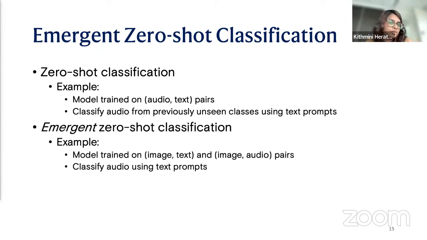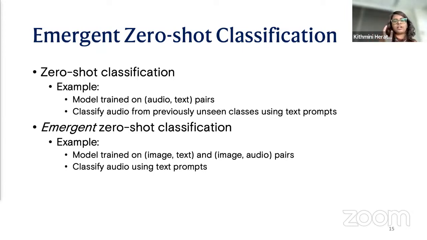Emergent zero-shot classification means it's a model which is not explicitly trained with audio and text paired data. It is trained on image and text and image and audio pairs. And eventually, when you send in audio and text prompts, you can do a classification of the audio signals.